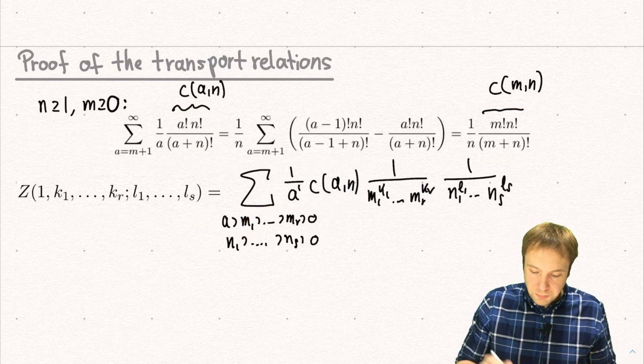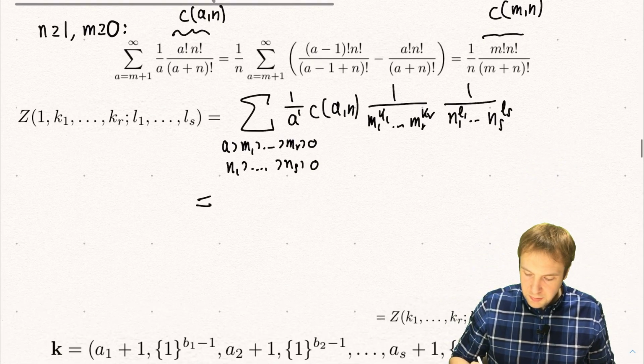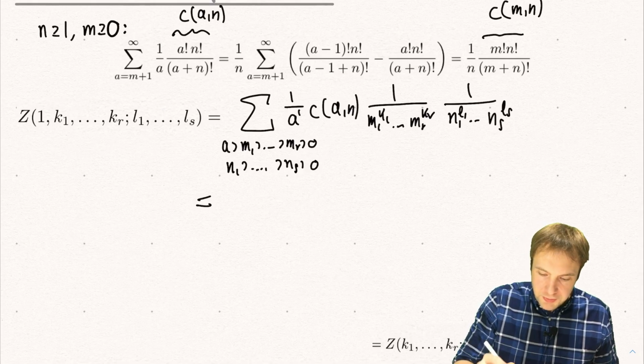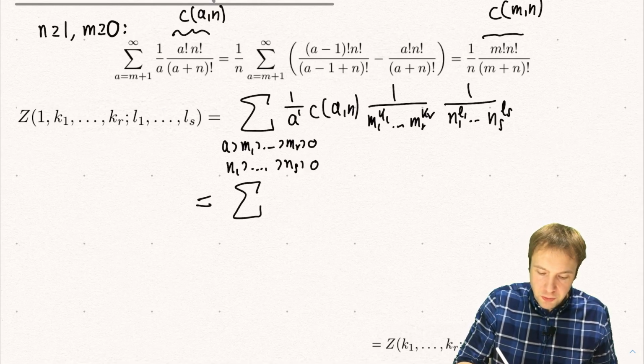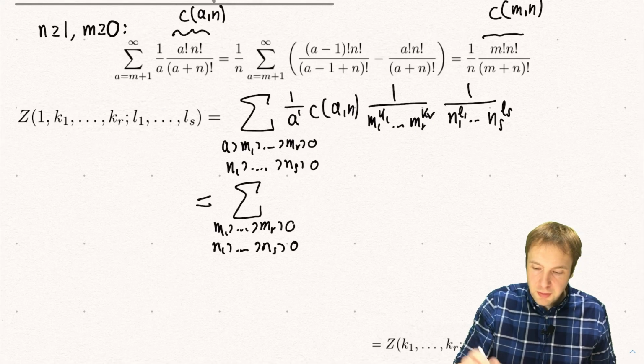So using this equation there, we don't have a sum over a anymore, it's just a sum over m1 up to mr greater than 0 and n1 up to ns greater than 0.